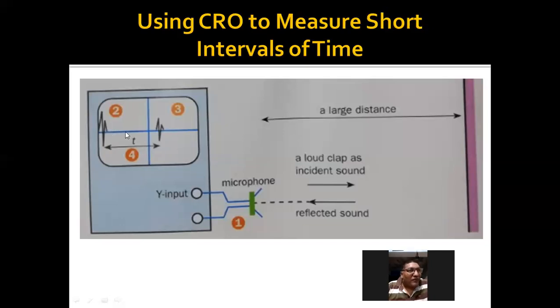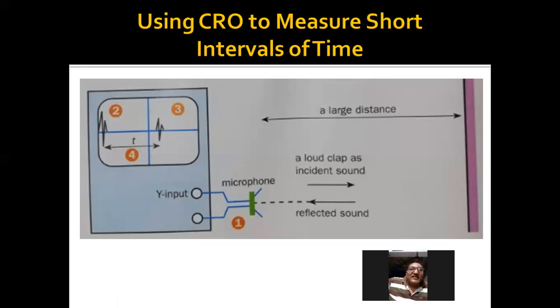Count how many squares there are horizontally, and then multiply the number of squares with the time-base setting. You will get the time lapse between the original sound and the echo.